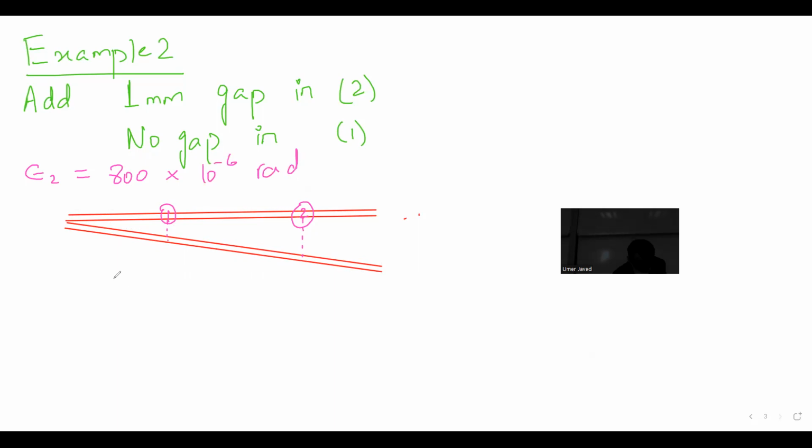The question says find epsilon 1. What will be this delta 2? Find it. Then you will find the rest. Think about it. How do you want to approach the problem?